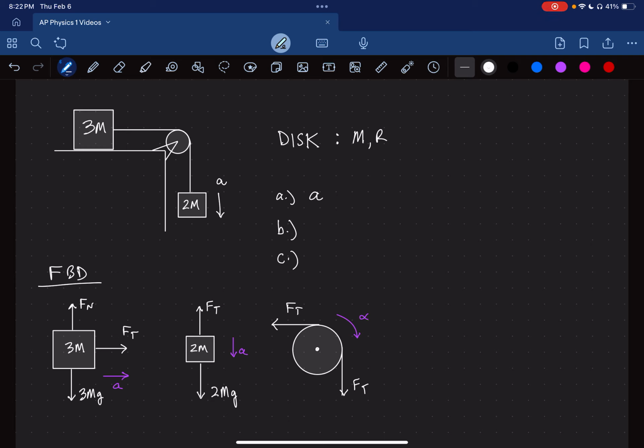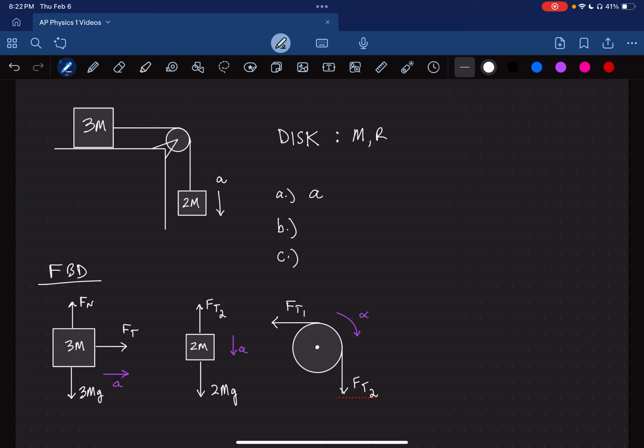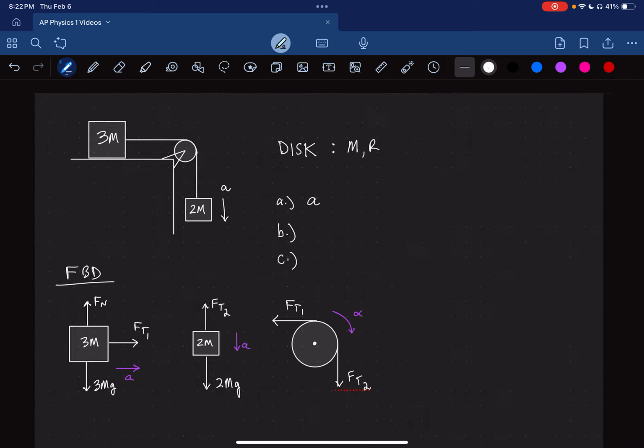One is putting a clockwise torque, the other one is putting a counterclockwise torque. And if it's going to accelerate, there must be a net torque. So I'm going to call this F2 and I'm going to call this F1. F2 must be greater than F1. And if that's the case, down here, this is F2 and this is F1, to correspond with it.